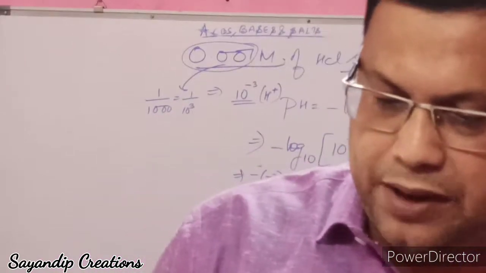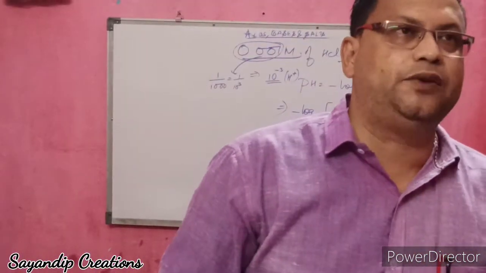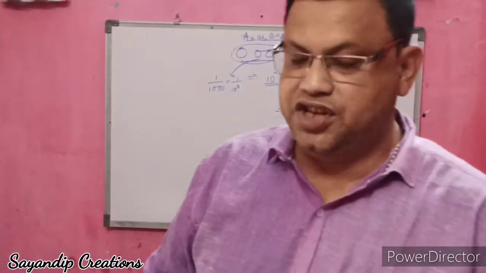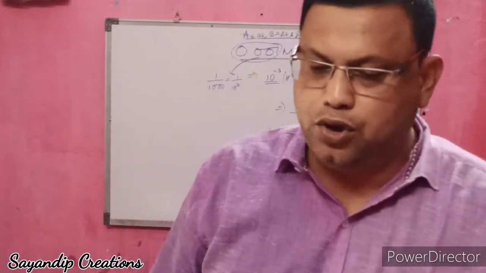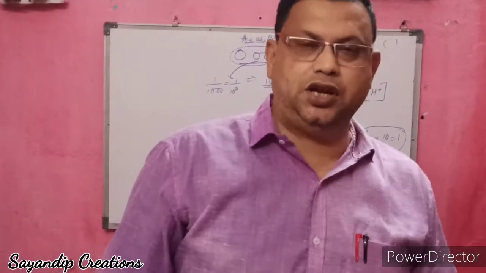Now one more question I am giving you for your practice. The pH of a solution changes from 6 to 5. What change do you expect in the hydrogen ion concentration?